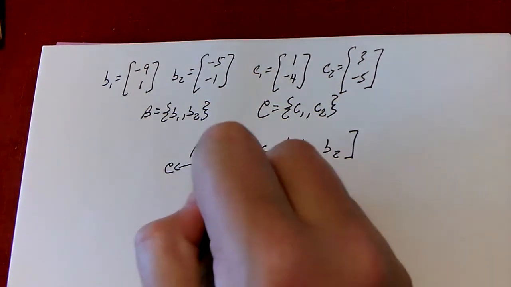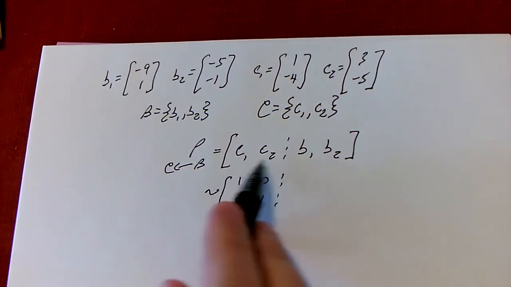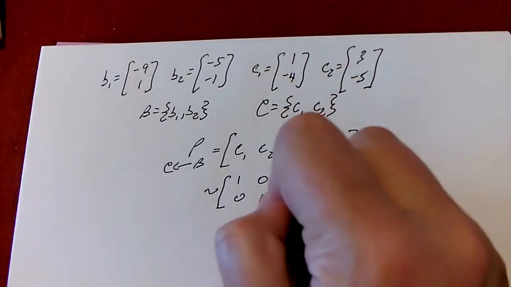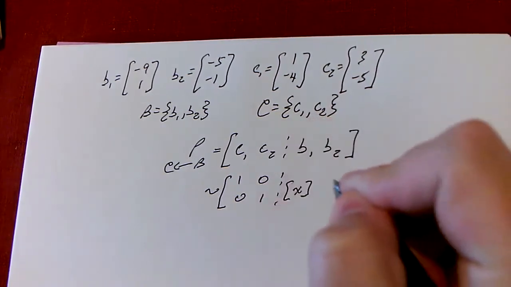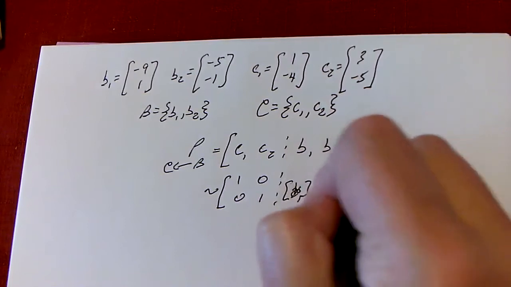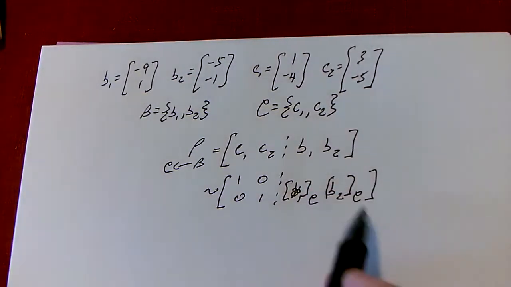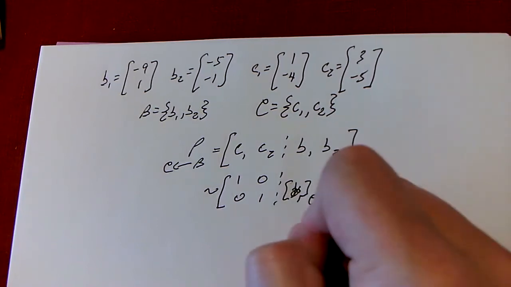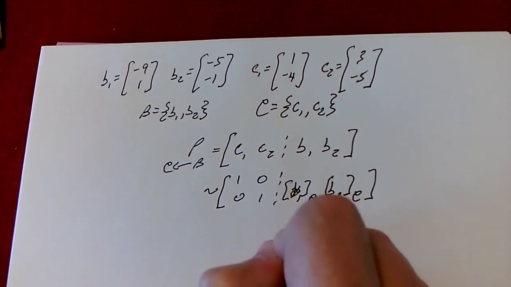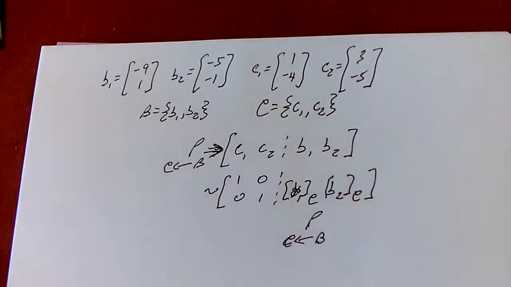When I row reduce that, I'm going to get the identity on the left. Again, it has to be independent because it's a basis. And on the right, I'm going to get the coordinate vectors, B1 with respect to C and B2 with respect to C, which together will form this matrix that we're interested in, P from B to C. I should not say this is equals, I want to say arrow.